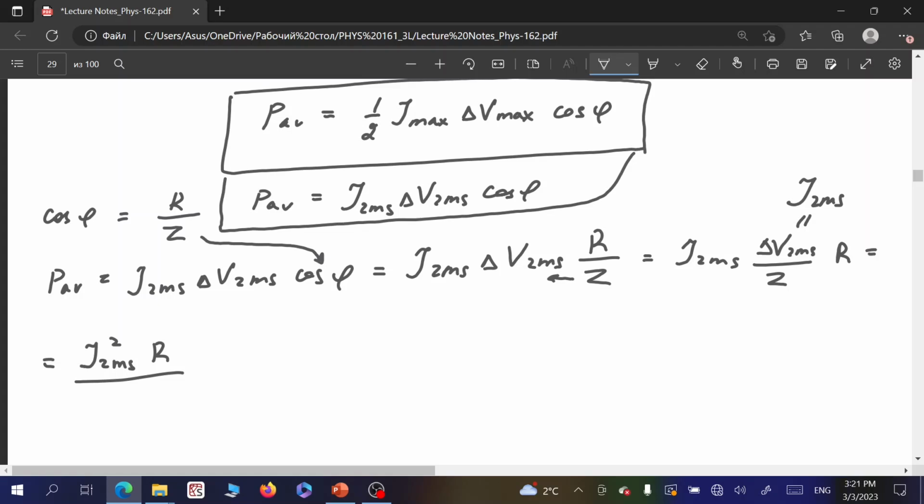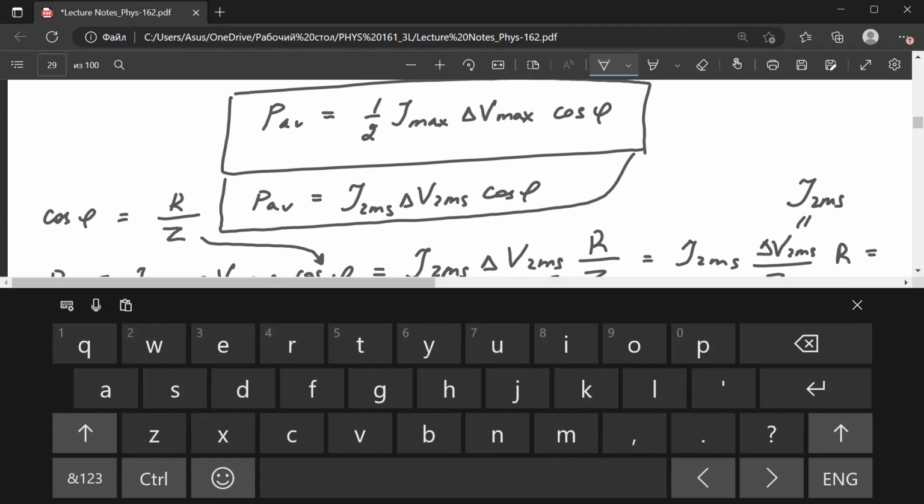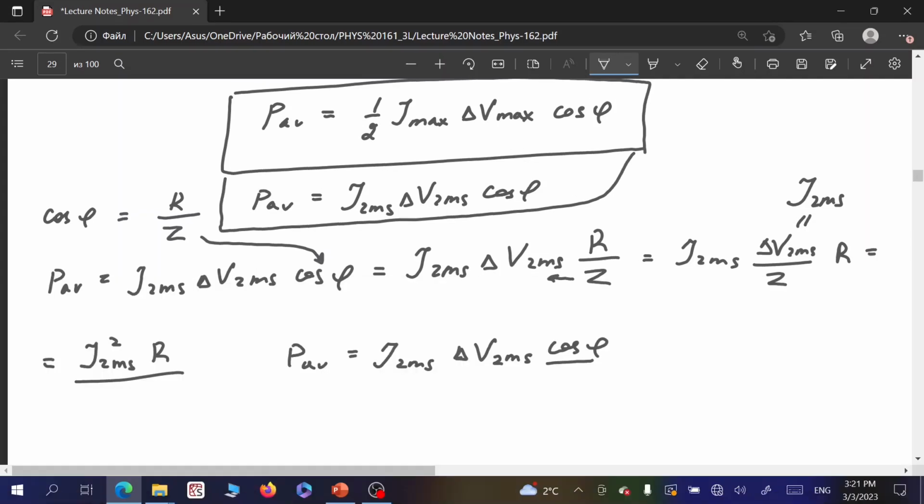However, there is this cosine phi parameter, this power factor, and if we consider this equation for average power in terms of RMS values, in order to increase the power delivered to the AC circuit, we want to have this cosine phi equal to unity.